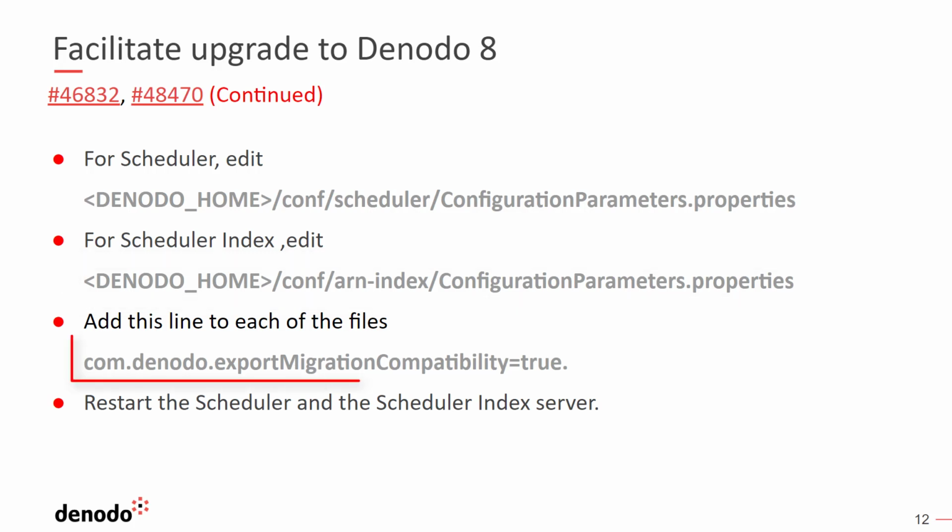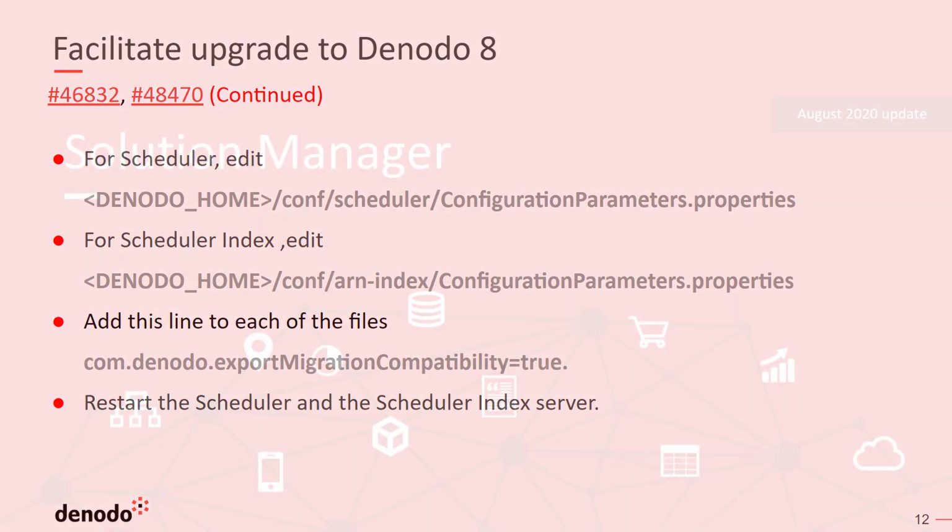The property com.denodo.export migration compatibility equal to true has to be added to these files, and the scheduler and the scheduler index servers have to be restarted for this change to be effective.